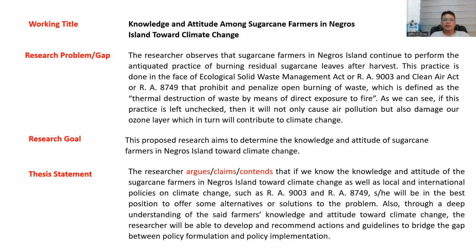Okay, so at this point we know exactly what the problem is that the researcher would like to see addressed in this paper, and second, we know already what he or she will do, the aim of the research. But we are left with one last question: why the need to determine the knowledge and attitude of sugarcane farmers in Negros Island towards climate change? Why the need to do this research?